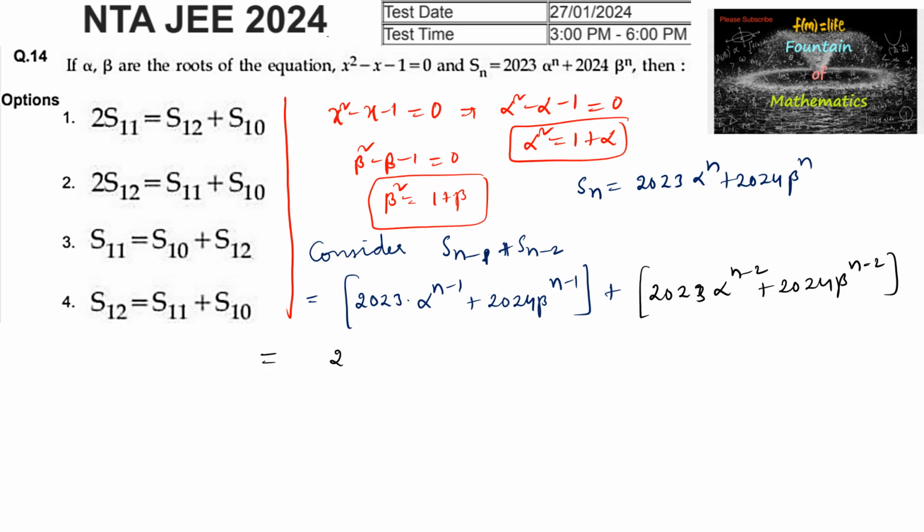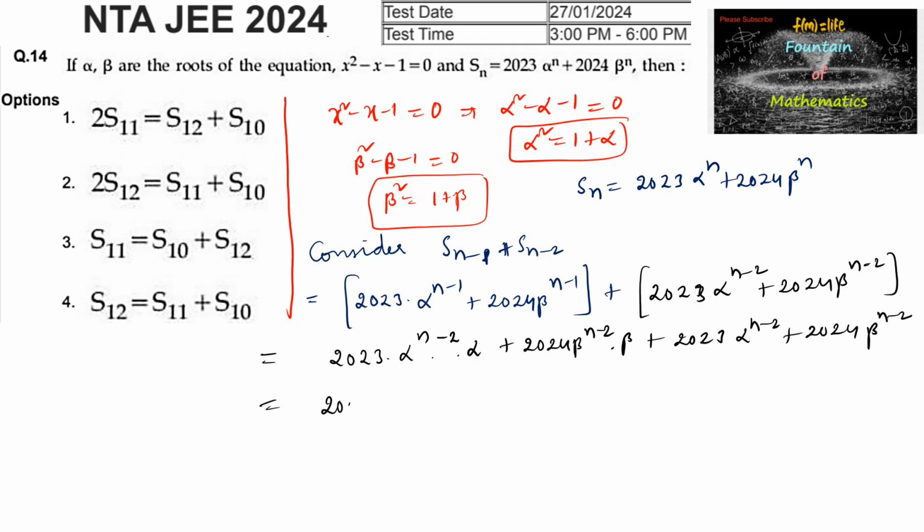On simplifying, 2023 alpha to the power of n minus 2 into alpha plus 2024 beta to the power of n minus 2 into beta plus 2023 alpha power n minus 2 plus 2024 beta to the power of n minus 2.